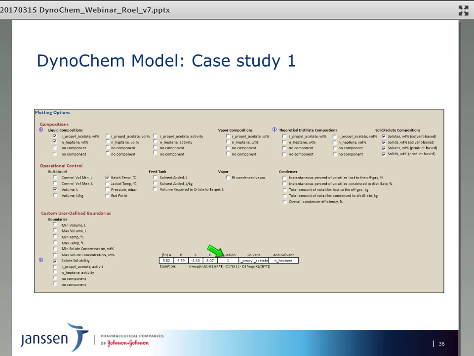You see that we have selected expression 1 of the regression tool, and we also need to specify both solvents that took part in the regression. And at the upper right, you need to select which plotting options you want regarding the solubility.